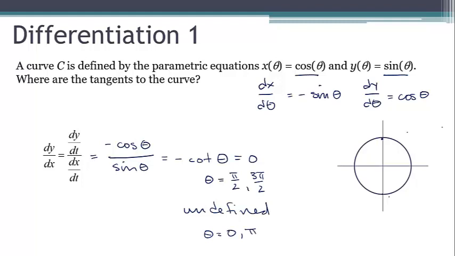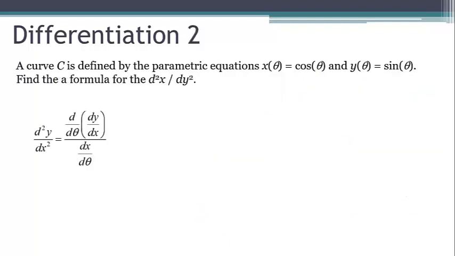And you can easily check that the derivative does change sign as it goes through all 4 of these points, so they do in fact represent the location of tangents. Now the 2 points where the derivative is 0 give us the horizontal tangents, and the 2 points where it's undefined give us the 2 vertical tangents.